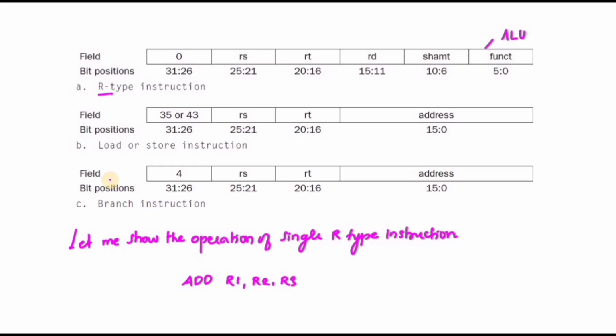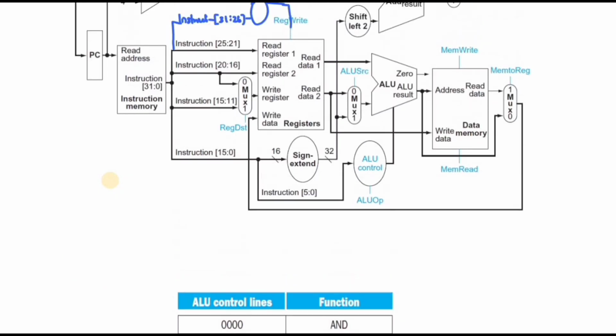R2 and R3 represent RS and RT. They range from bits 21 to 25 and 16 to 20, and the destination register RD is from bits 11 to 15, and you can see it is a 32-bit instruction. Bits 0 to 5 represent the function, whether it is an arithmetic or logical operation, and bits 26 to 31 represent the opcode, which is 0.